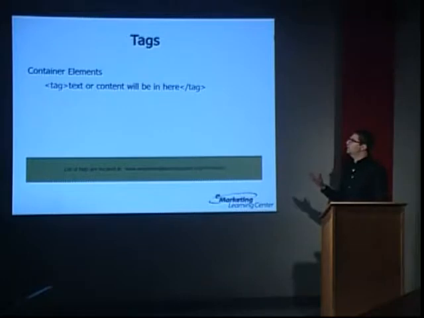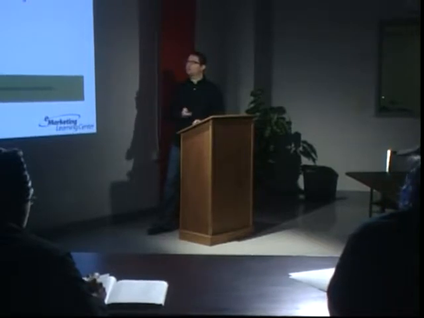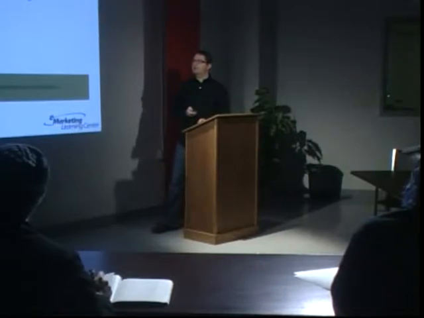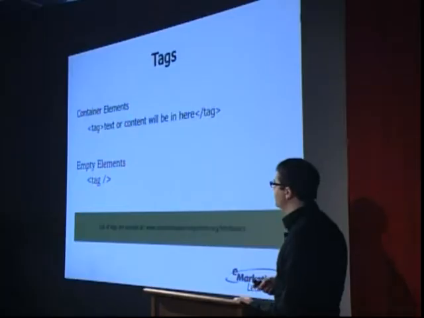Then you end that with an open caret, backslash, that same tag name, then a close caret after that. The majority of your tags are going to be in this format. However, there are a few exceptions that are considered empty elements. Those are slightly different. You have an open caret, the tag name, and then a backslash right before the close caret.